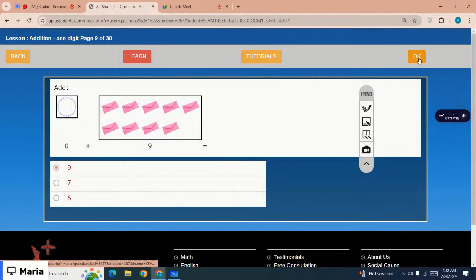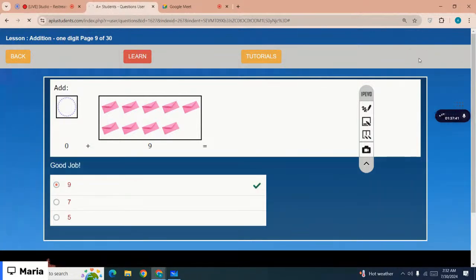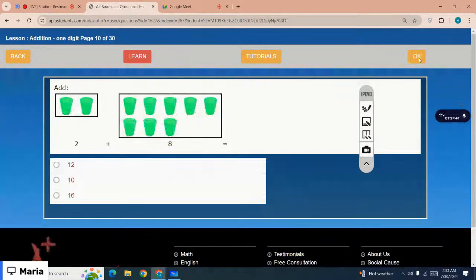Option number 1 is the correct option. Add 2, 8, which is the correct option? Very good. The correct option is 10. 8 plus 2 is 10.